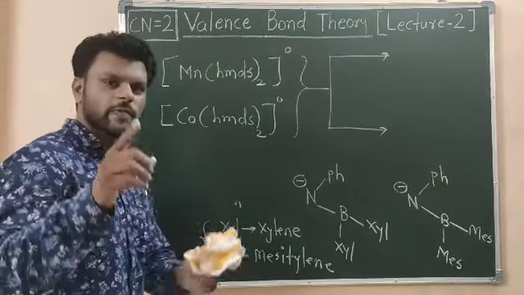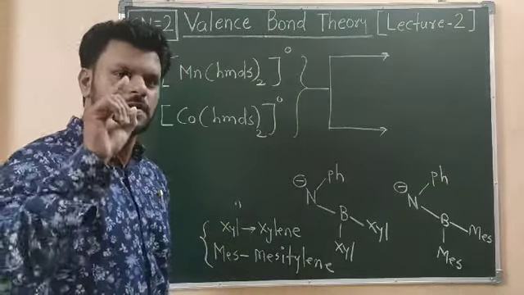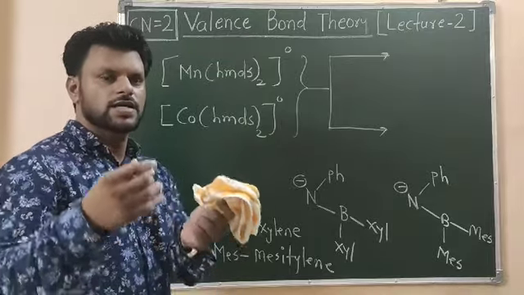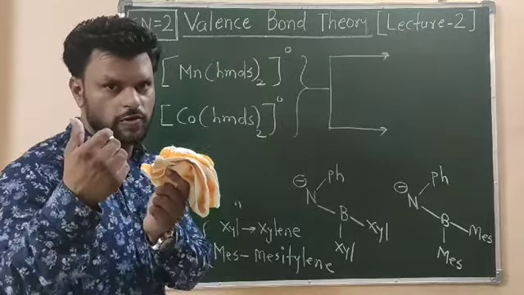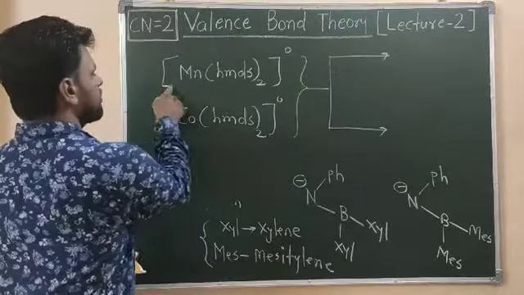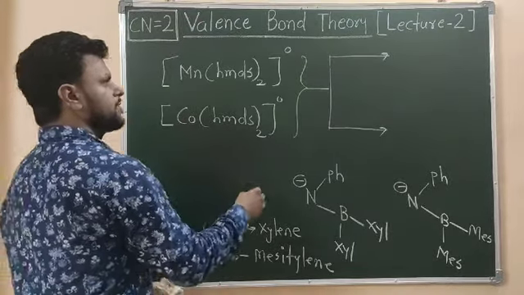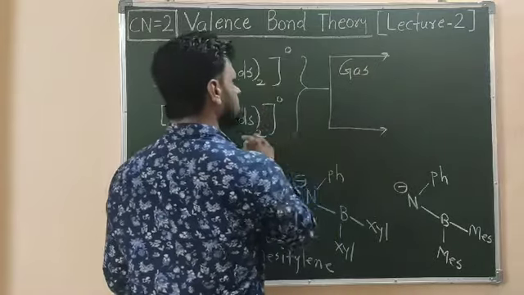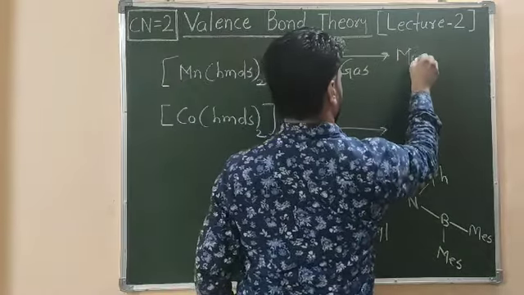So firstly, when you are discussing any complex, the physical state, liquid state, gaseous state, or the crystalline state, you should know very carefully, because if I take both the complexes and discuss them in the gaseous phase, this will be in a monomeric form.